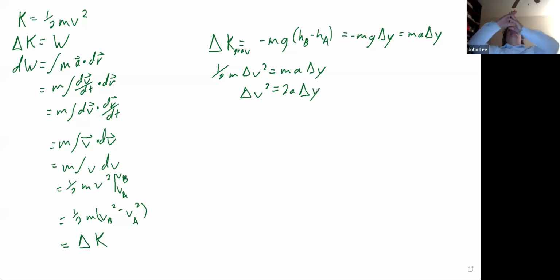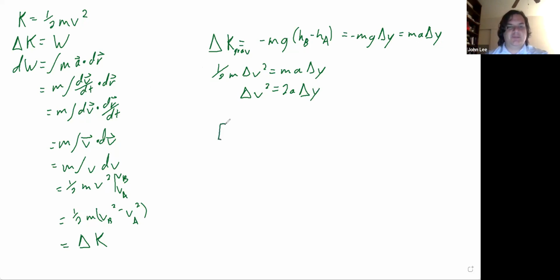So by looking at this, we're able to recover one of the kinematics equations that we've been using just by looking at the kinetic energy and the work done by gravity. Another thing I should note is the units of this.